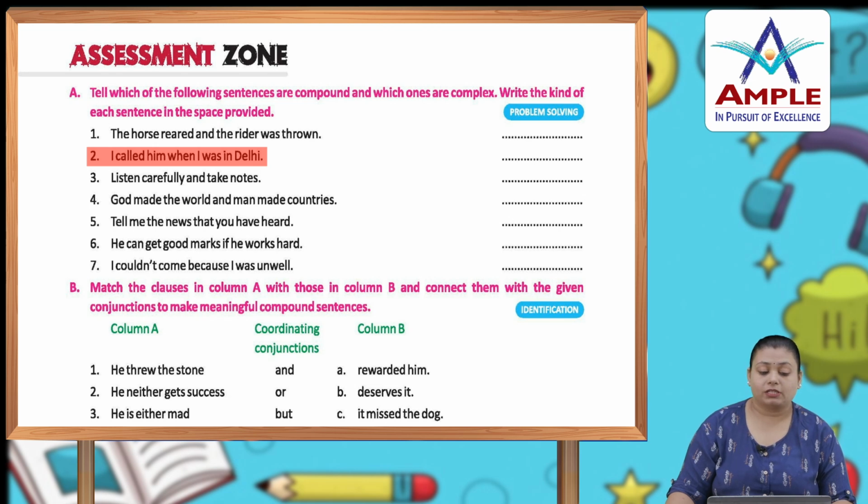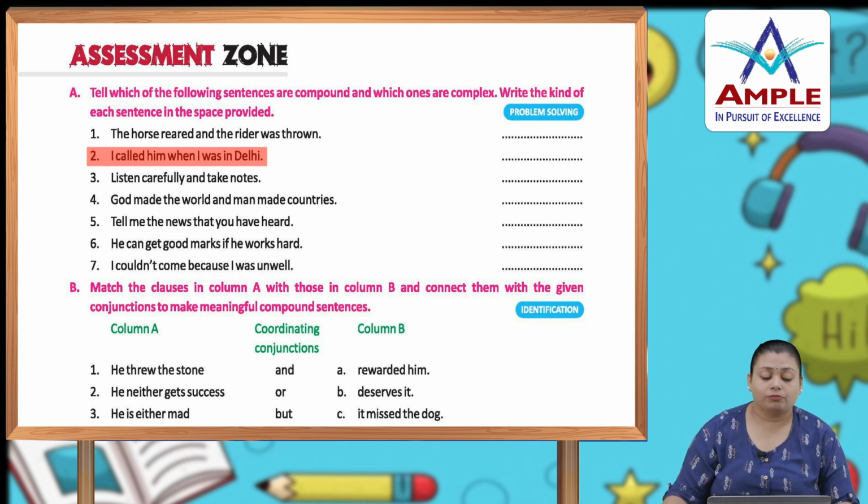It consists of one principal main clause and one subordinate clause, like I was in Delhi when he called me. So this is how you come to know which one is complex and which one is compound. Read the sentence carefully, find out which one is compound and which one is complex, and write it down in the given space.